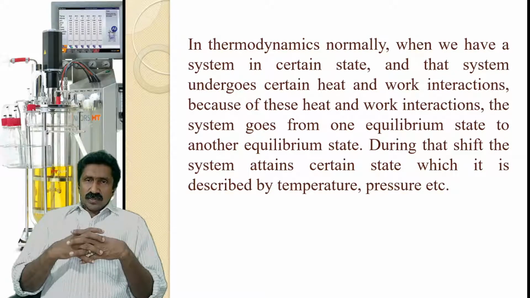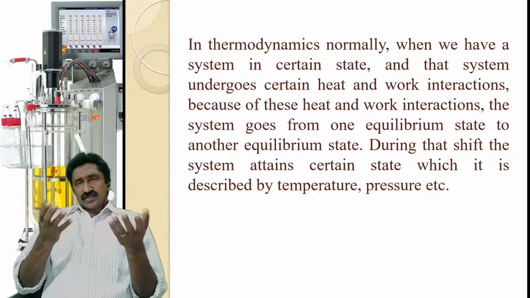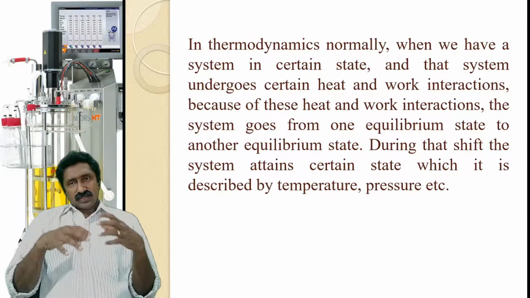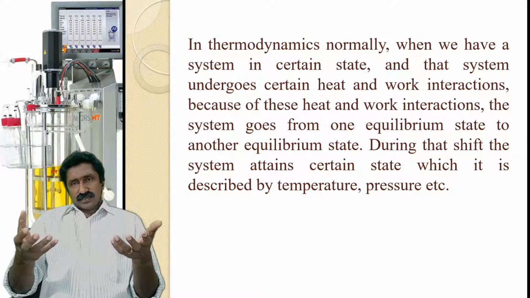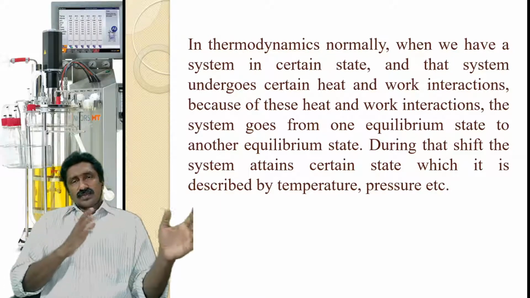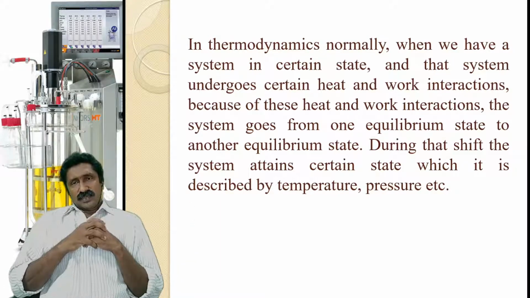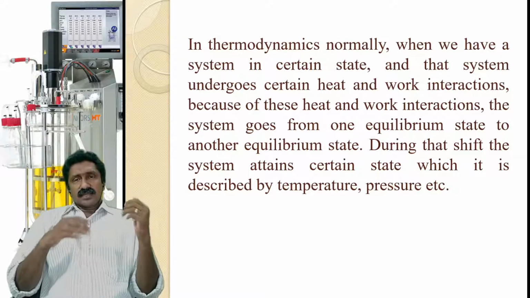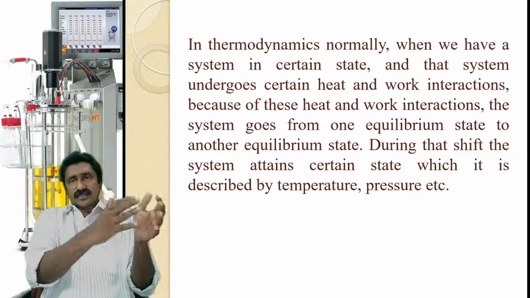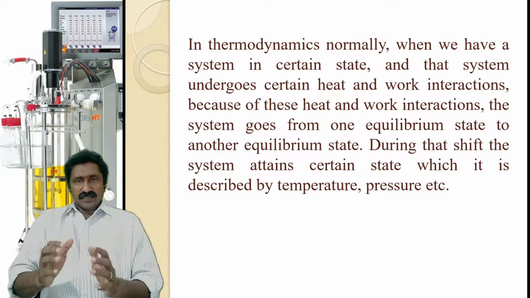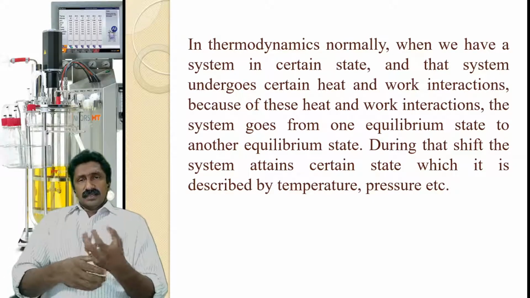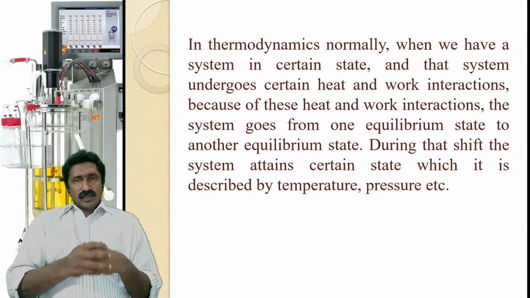So in thermodynamics, normally when we have a system in a certain state and that system undergoes certain heat and work interactions, because of this interaction the system goes from one equilibrium state to another equilibrium state. And during that shift, it attains a certain state described by another set of temperature, pressure, etc. So if there is a vessel containing water, you can heat it.